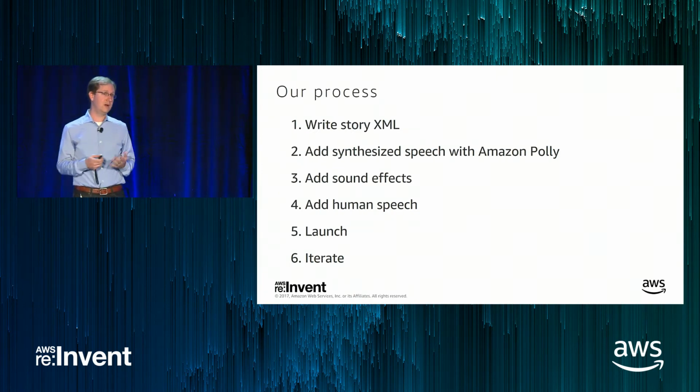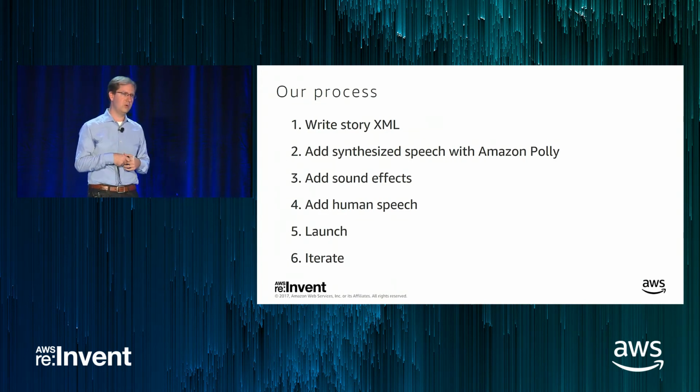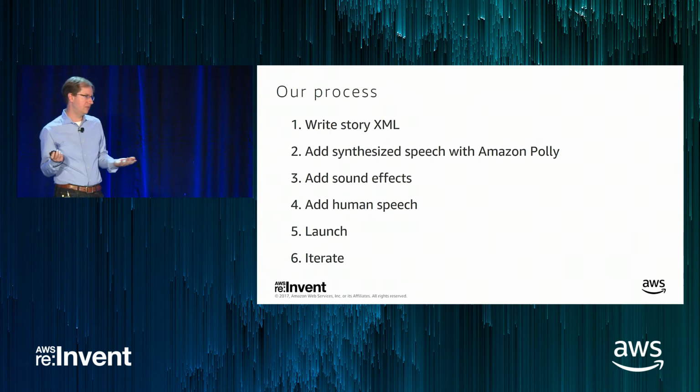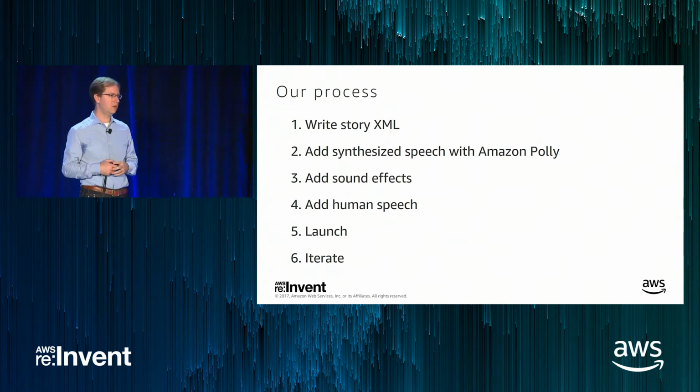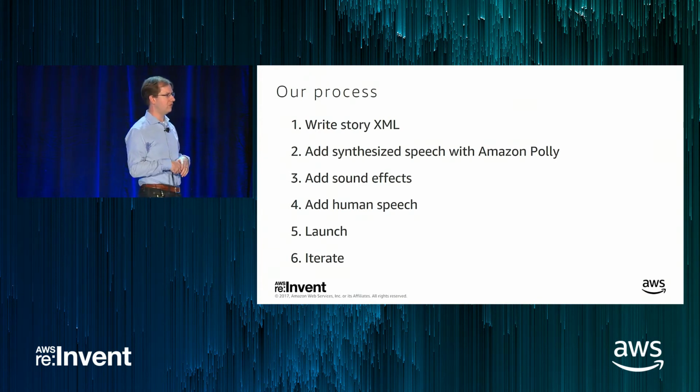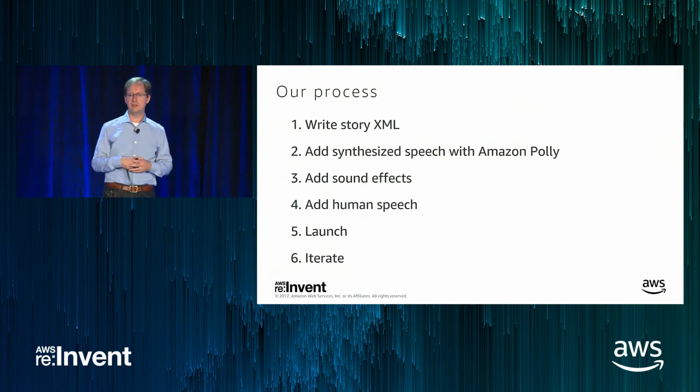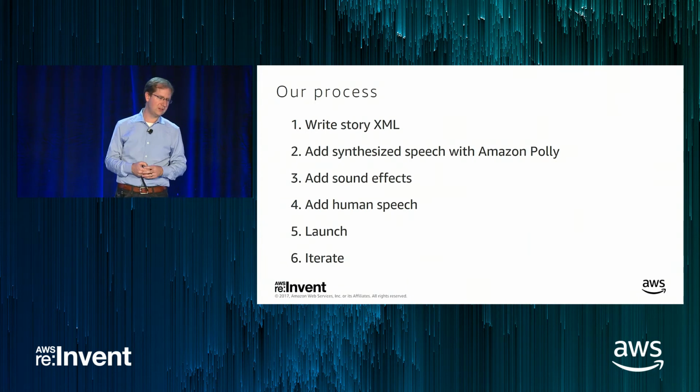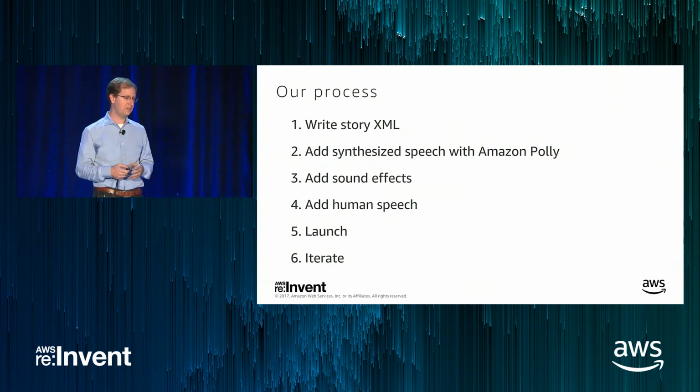So here's how we use Amazon Polly for the Magic Door. First, we have a lot of audio content that we've authored over time, and so we have a process. The first thing we do is we write a story, a branching story with a lot of choices and puzzles, like hidden object games, like you have to fix a machine by finding pieces, and a lot of different things that you can do with a voice-based game that's a narrative style.